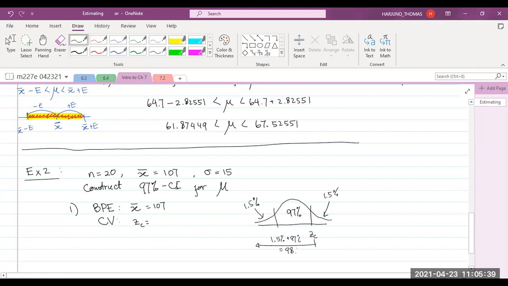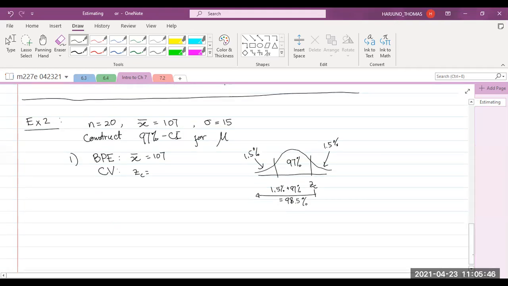That's 98.5%. Now then you will do inverse norm of 0.985. That is 2.17009.